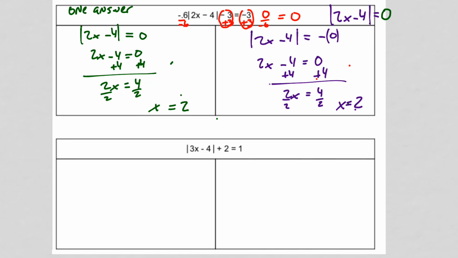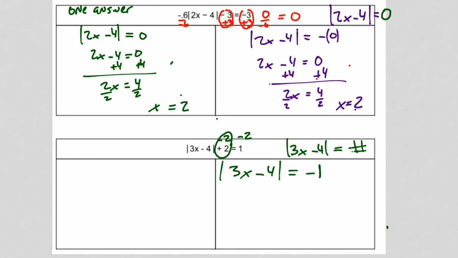And now let's see this last example. I'm going to need eventually 3x minus 4 in brackets is equal to some number. So I'm going to have to subtract 2 from both sides. And when you do that, this is going to cancel. And you're going to wind up with something like 3x minus 4, the absolute value of which is equal to -1.